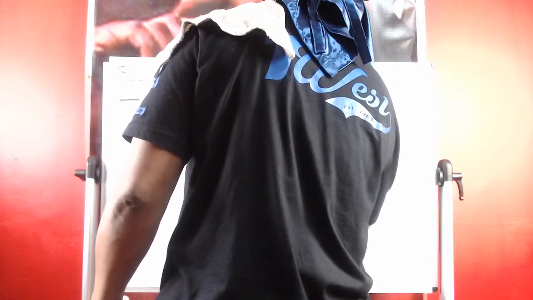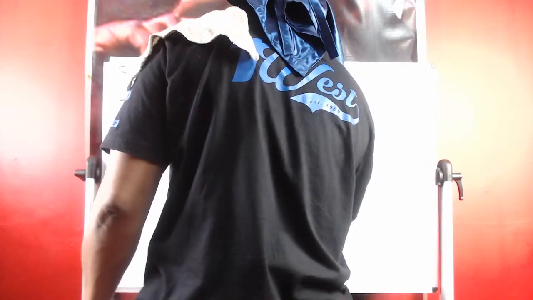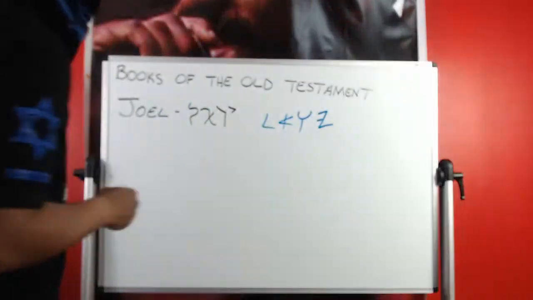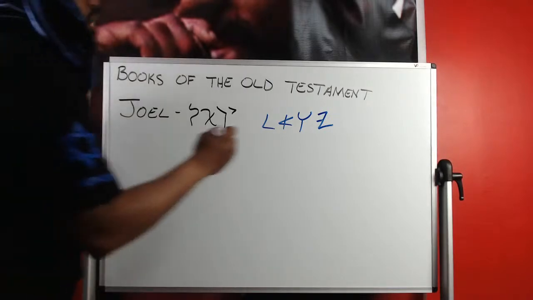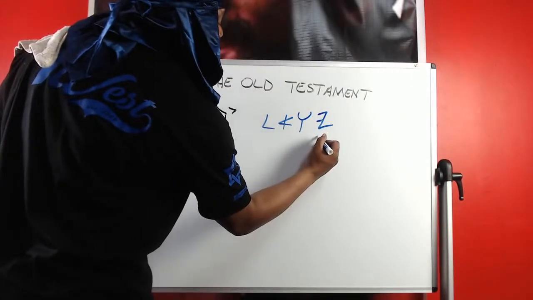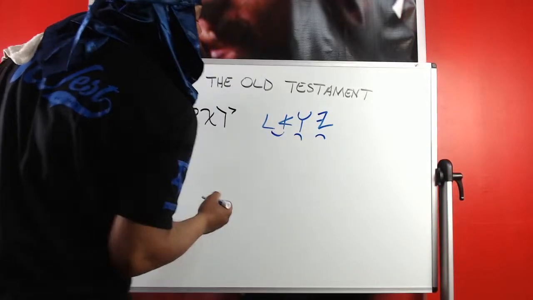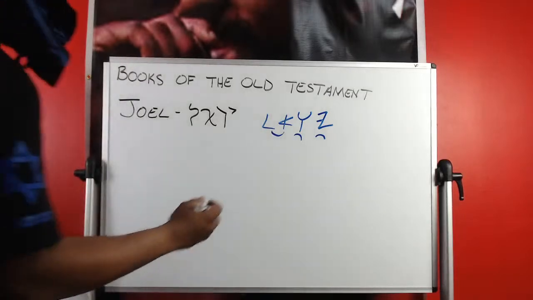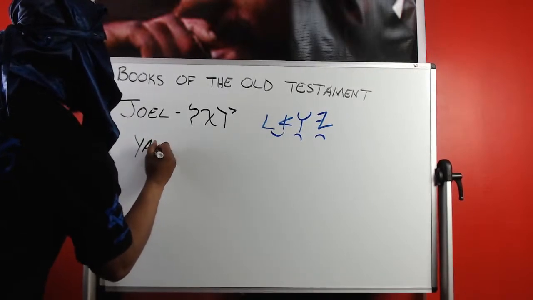Who can pronounce this one for me? Go ahead, brother. Yahweh-el. Very good. So that means I have Yah, and then El. Yahweh-el. Very good, brother. This is how we write it in the English.